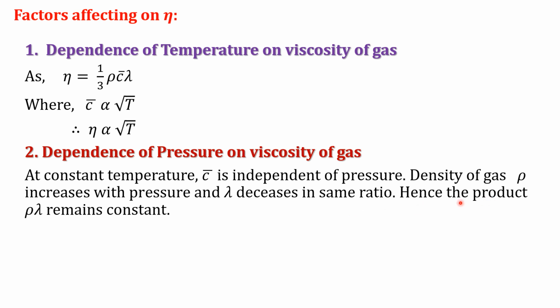Hence, we take the product rho lambda: one term increases, the other decreases, so the product tends to remain constant. And since rho lambda is constant and c bar, the average velocity, is independent of pressure, the coefficient of viscosity is totally independent of pressure.